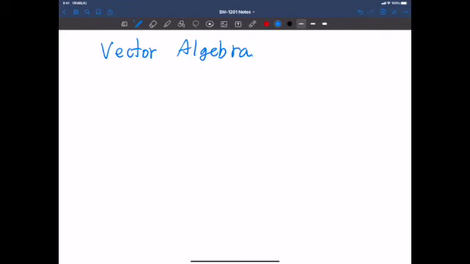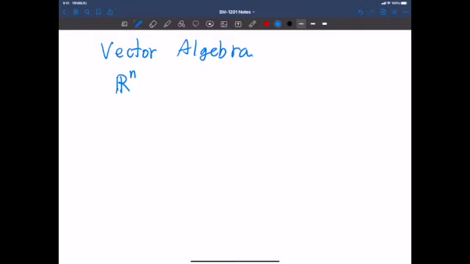Now let me explain some algebraic properties of vectors. First of all, we usually deal with real vector space, vectors with real elements, not complex or rational elements.